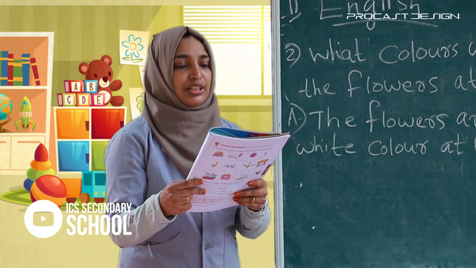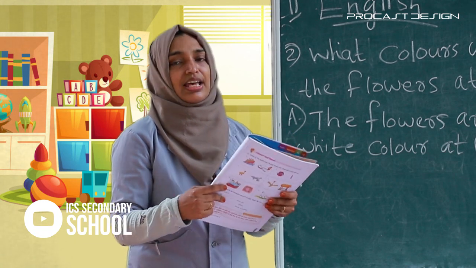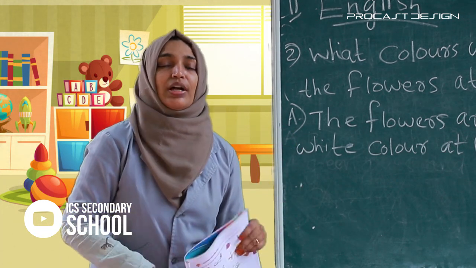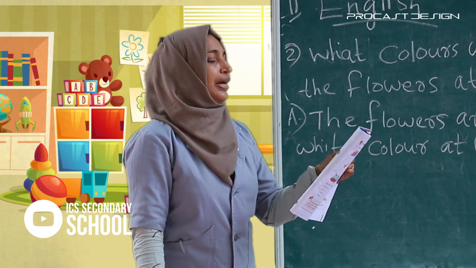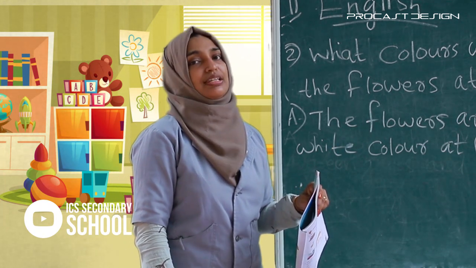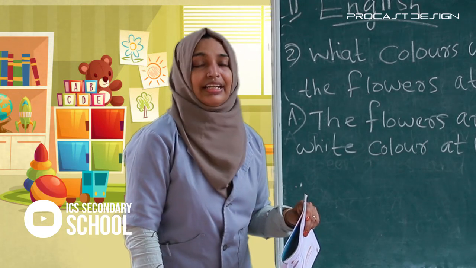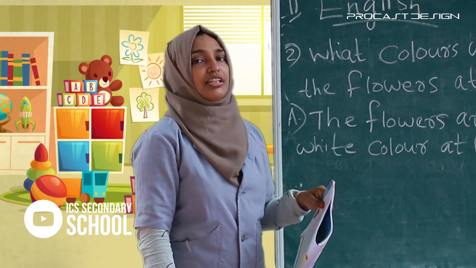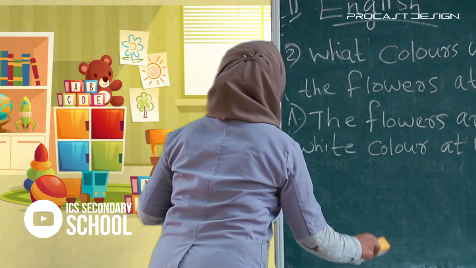What color did Bob paint the roses and daffodils? Bob painted red for the roses and yellow for the daffodils, bright yellow.